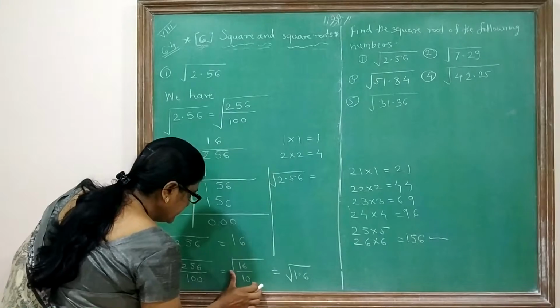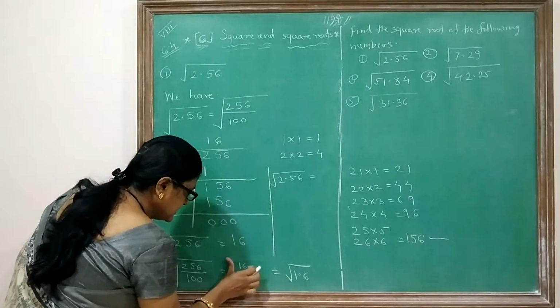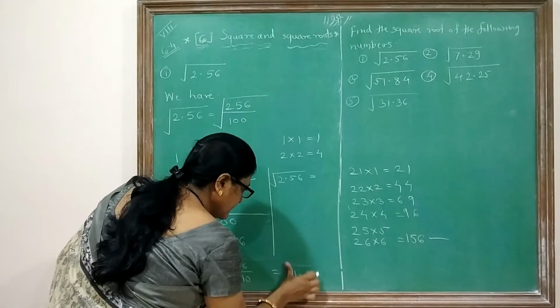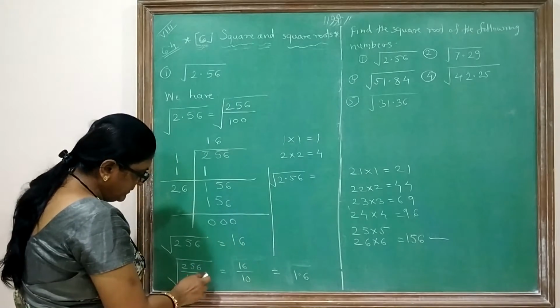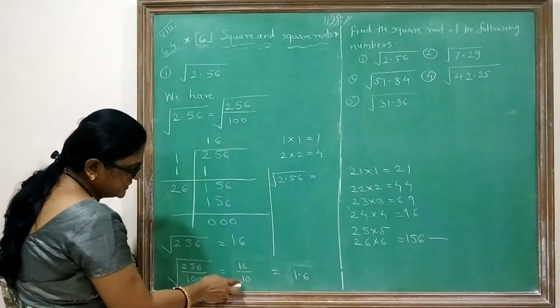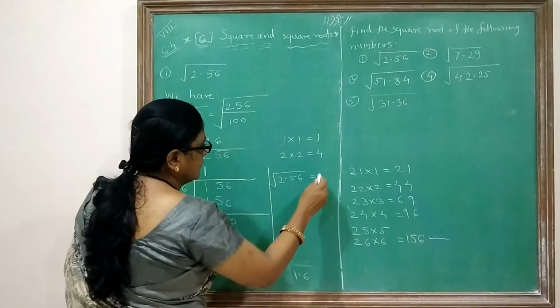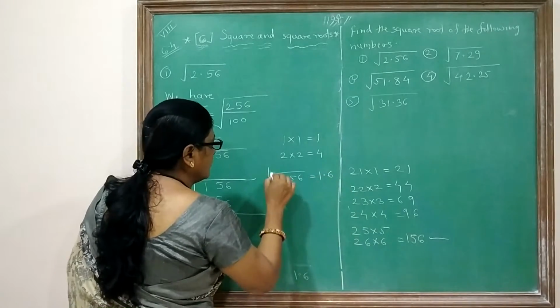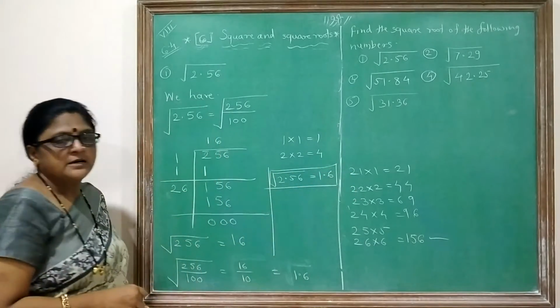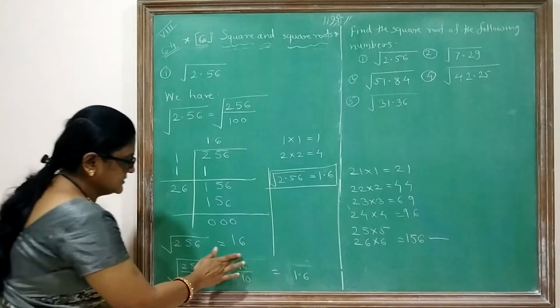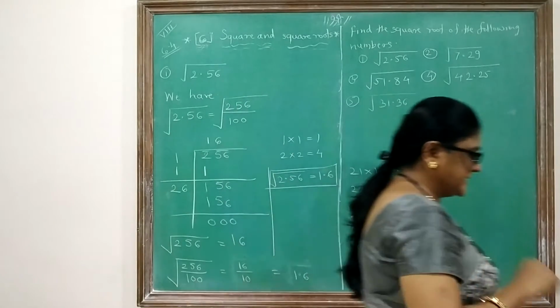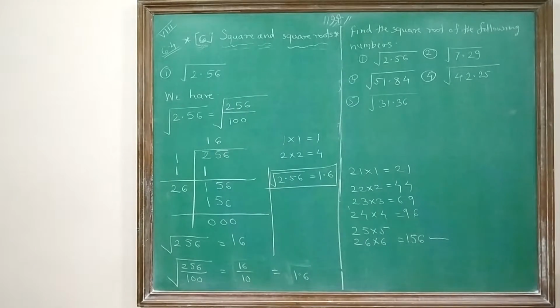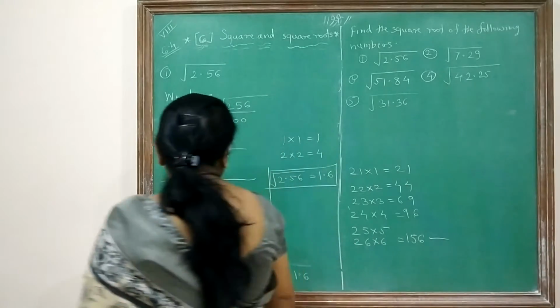Sorry, here it is 16 by 10 because here it is square root. Then under root of 2.56 equals 16 by 10 equals 1.6, which means your answer is 1.6. This is your final answer. Then see your next example.